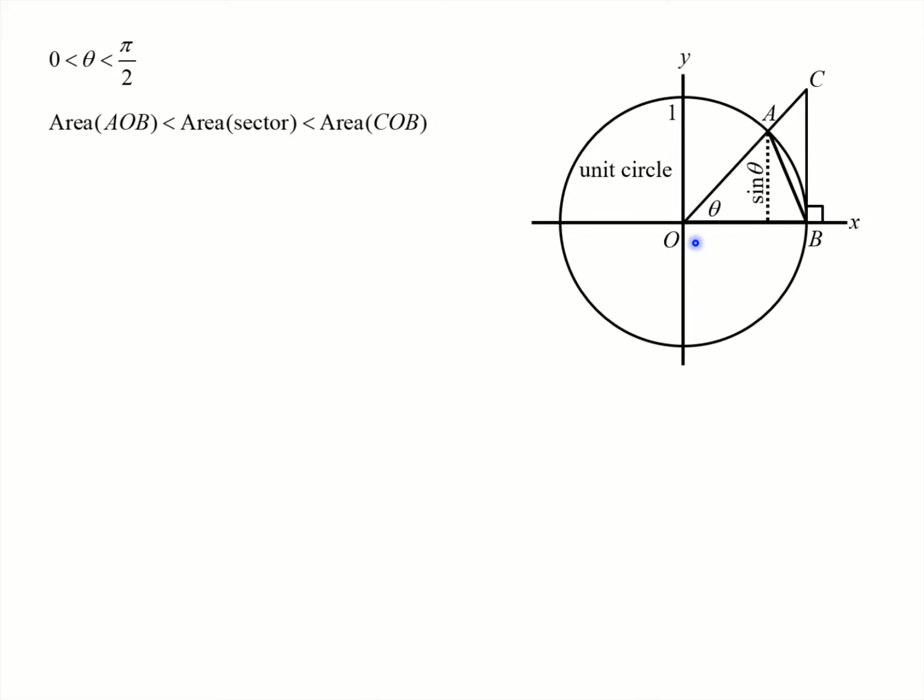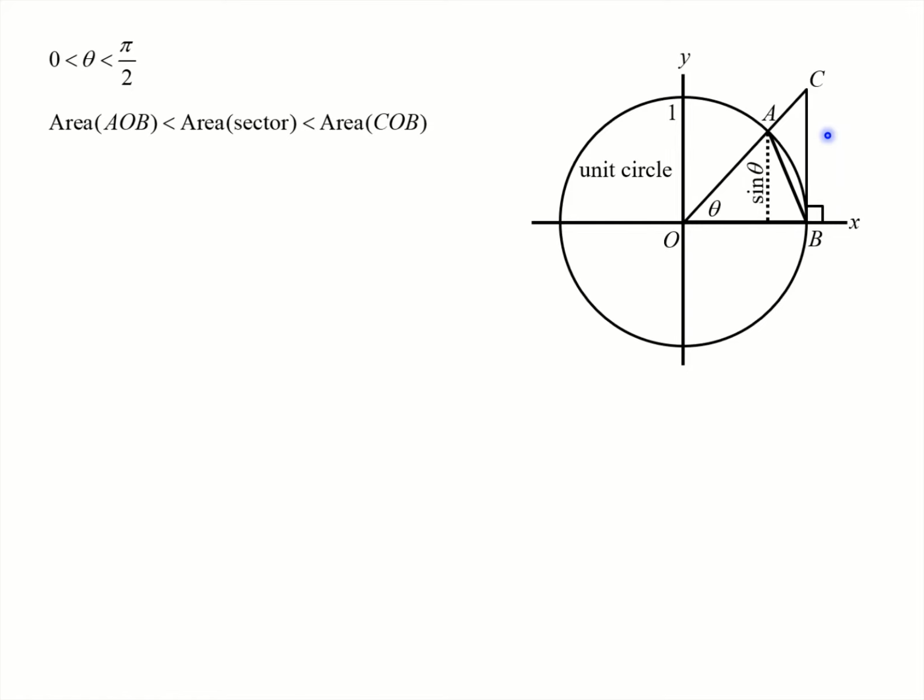Okay, now let's take a look at this big right triangle. I'm going to label side BC. So I'm going to use the tangent of theta. Now I'm looking at this big right triangle. The tangent of theta is opposite over adjacent.